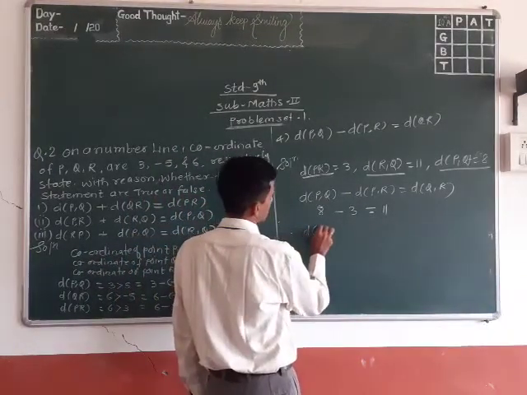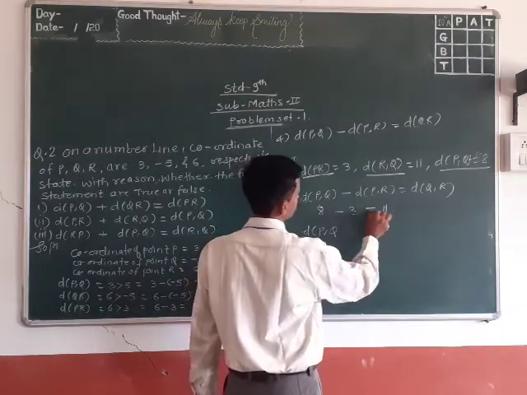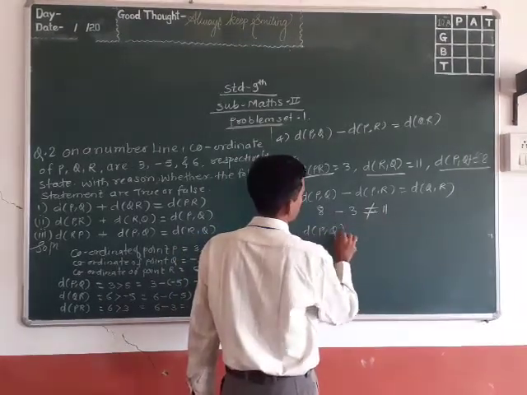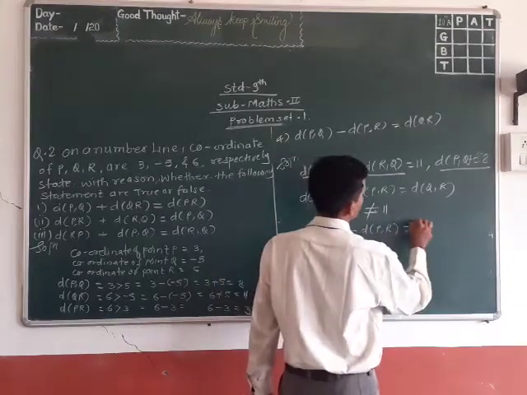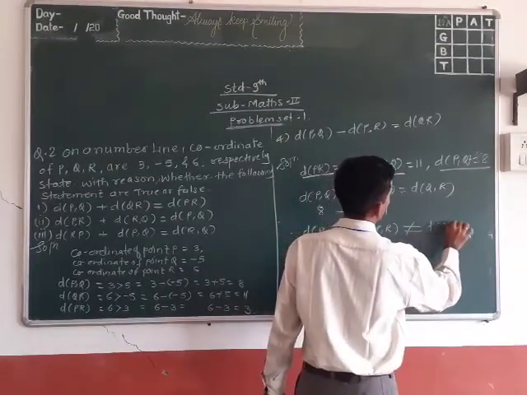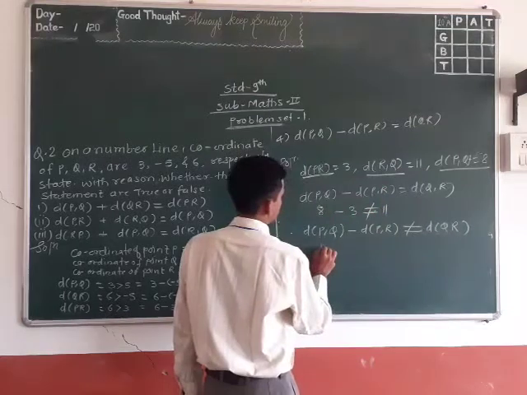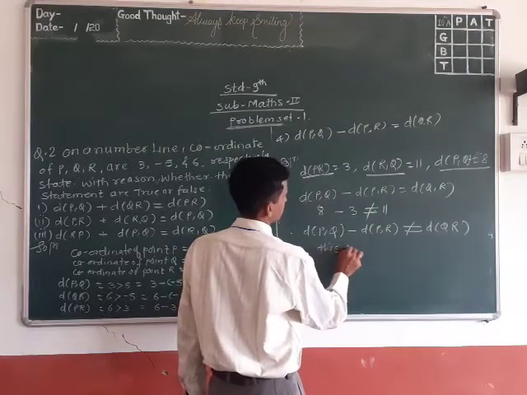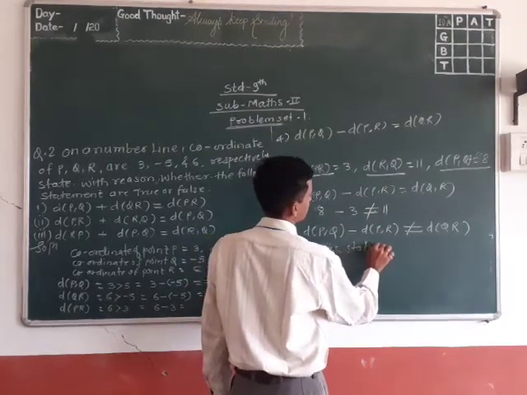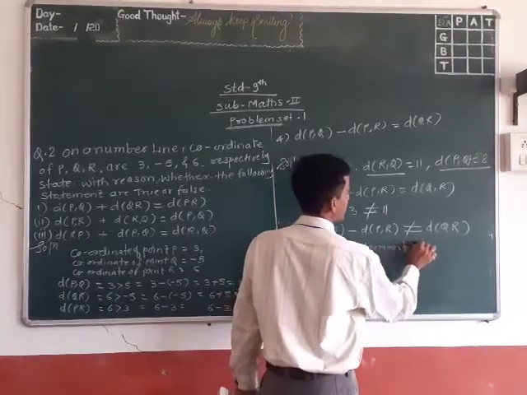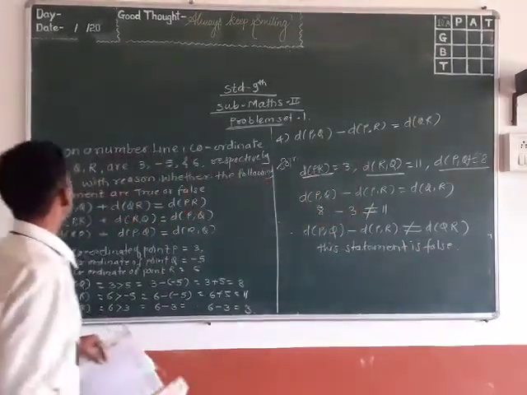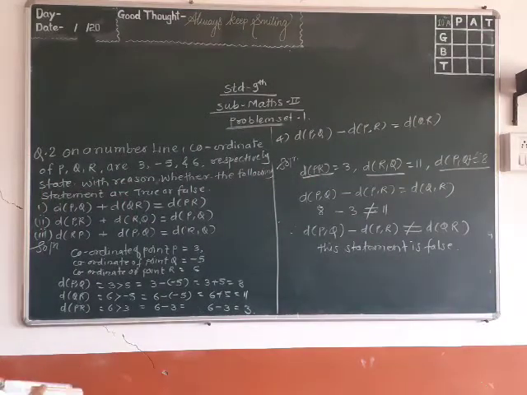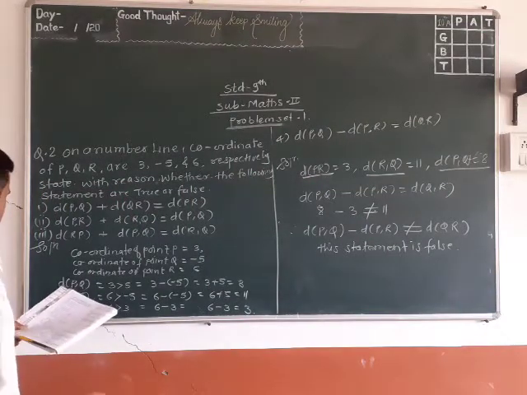Therefore distance PQ minus distance PR is not equal to distance QR. This statement is false. That is question number 2, with the sub-question 4. Next question.